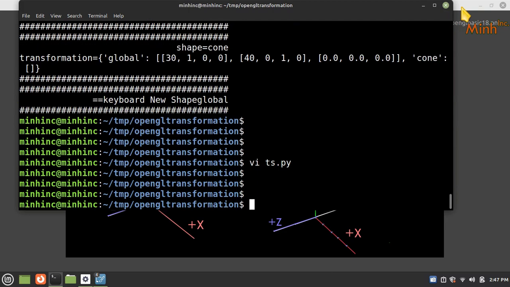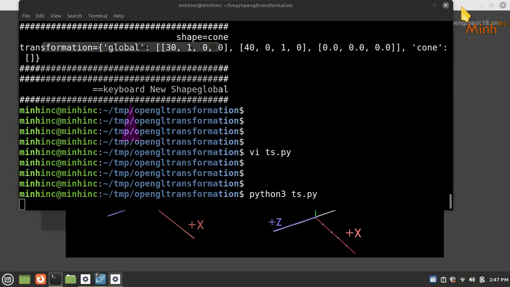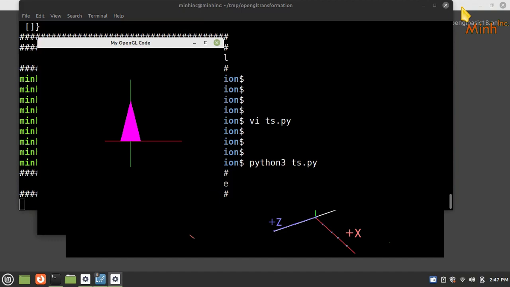Okay, let's find out. Okay, we are in local mode. So it should draw the local axis. It is rotating across local axis, but drawing is not happening of the local axis.